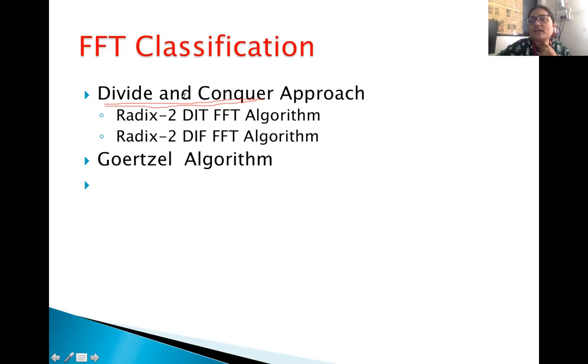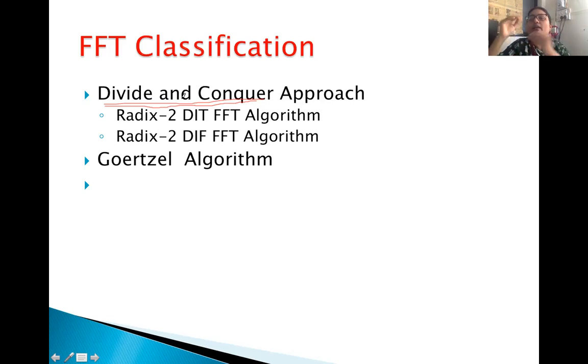So what are we going to do? We are going to divide the sequence into two parts, and then you will have two separate blocks. Those blocks we will treat separately, and those blocks again we will divide into two.